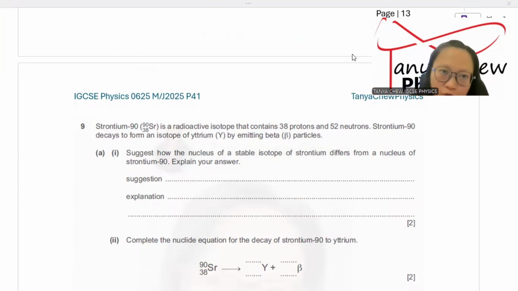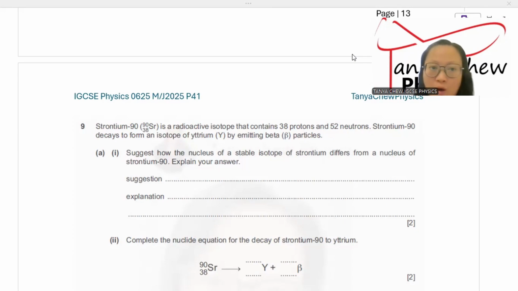A stable strontium nucleus has a stable configuration of the protons and neutrons. So strontium-90 is less stable. Why? Because strontium-90, the radioactive isotope, normally contains more neutrons. So it is unstable, so it will undergo beta decay to emit electrons.